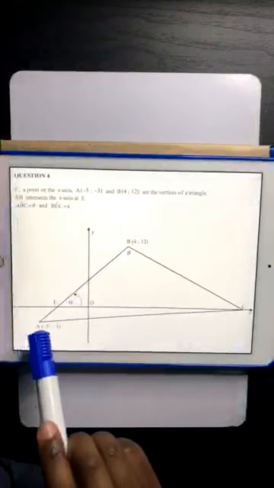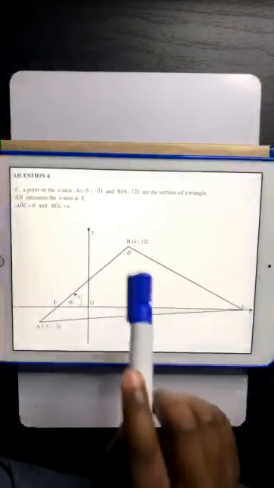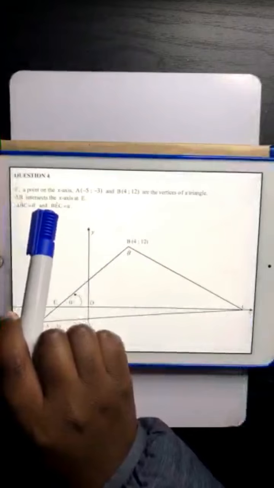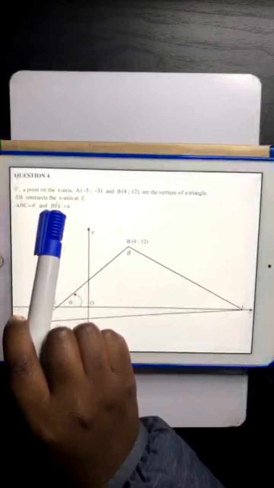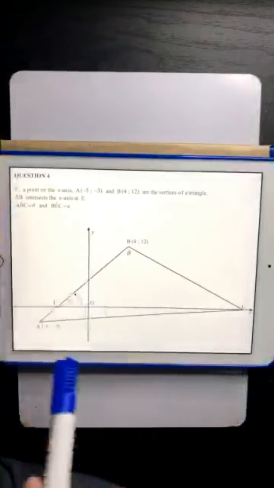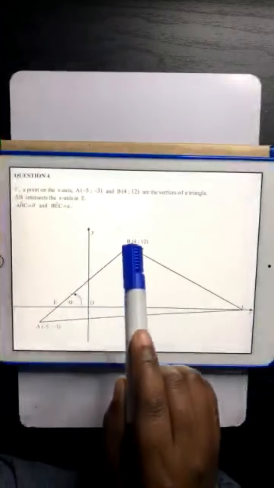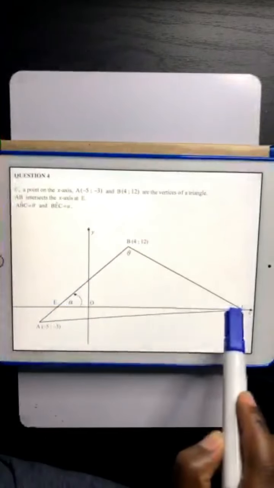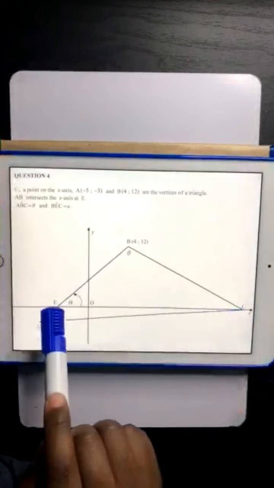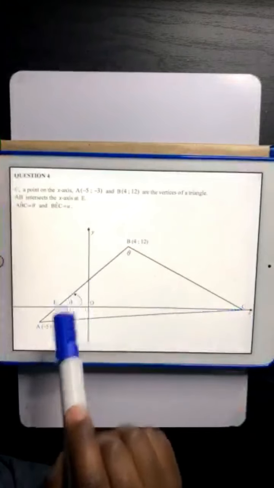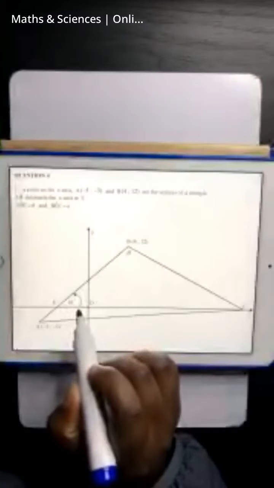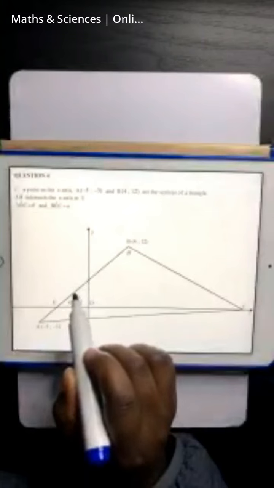In triangle BEC, angle E is equal to alpha. So already, can you guys see that this alpha is actually an angle of inclination?